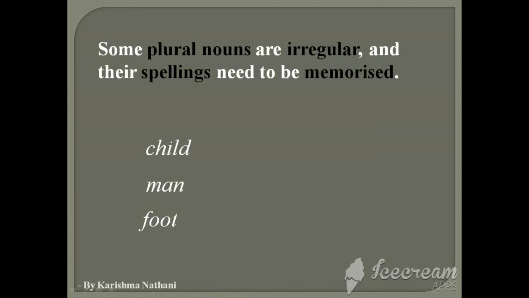Some plural nouns are irregular and their spellings need to be memorized. For example, child to children, man to men. The plural of child, we have to add REN at the end.